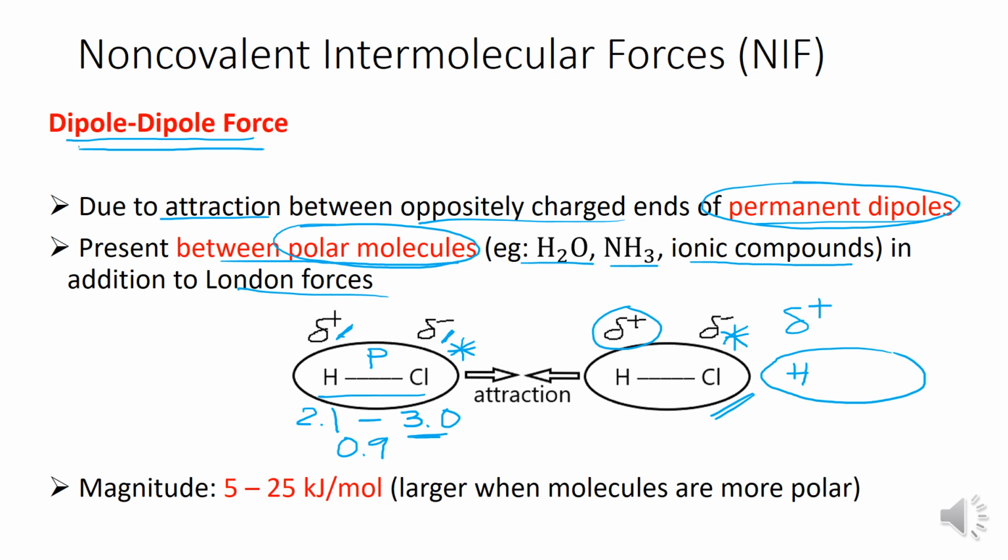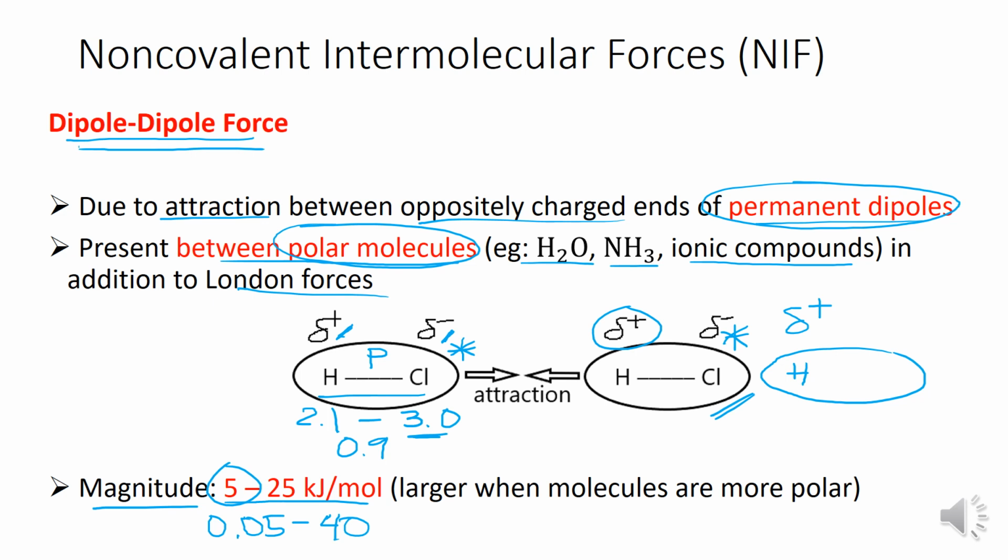The magnitude of dipole-dipole force ranges from 5 to 25 kilojoules per mole. Well, at least the lower end is greater than the 0.05 for the London forces. Remember, for the London forces, the magnitude ranges from 0.05 to 40.